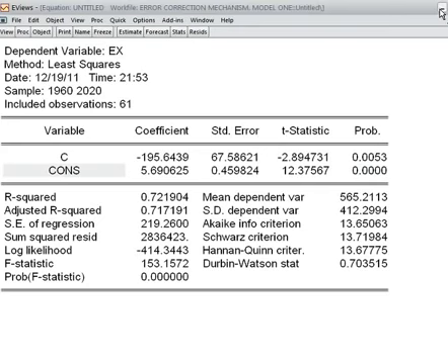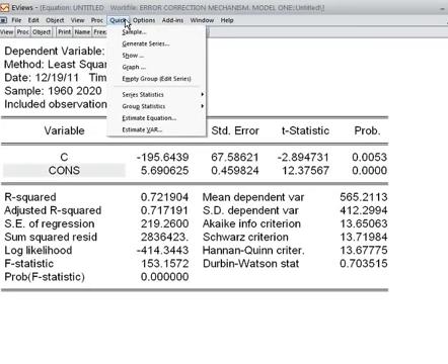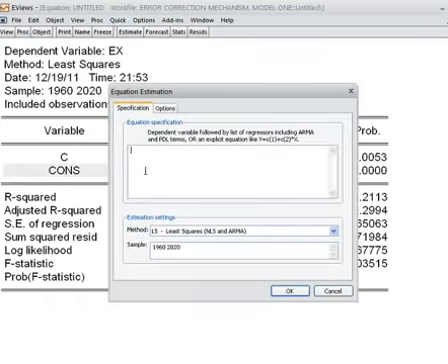So the error correction model is something like this. I go to Quick, then I go to Estimate Equation. For the error correction model, the data should be in first difference. You see, ex, I write it as dex.